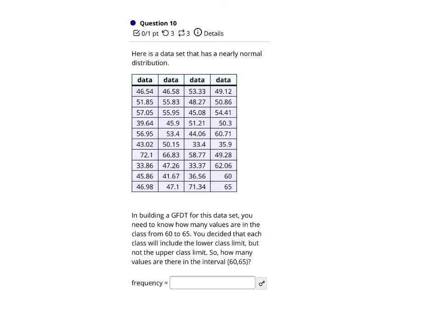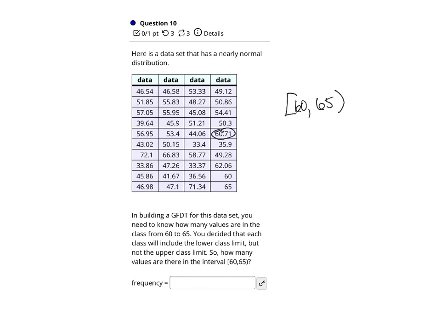We have another GFDT. Again, this is 60 to 65. It looks like the same exact problem. I must have put it twice. Oh, let's see if there are the same numbers. So 60. 60.